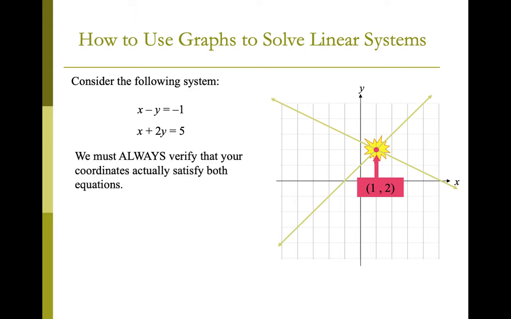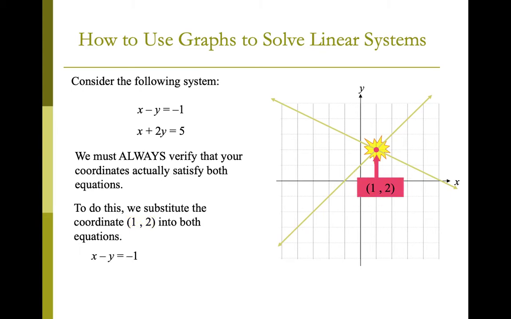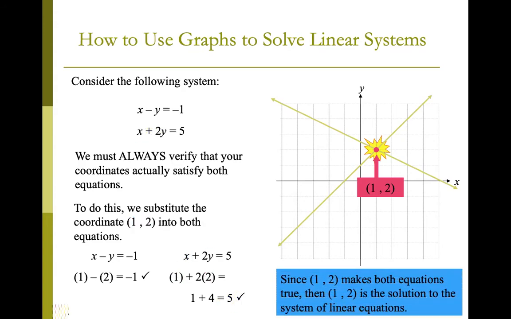So let's look at these two equations. They've written them out in standard form: x minus y equals -1 and x plus 2y equals 5. We always need to verify that both coordinates actually satisfy the conditions. To do this, they picked the point 1, 2 and plugged it into both formulas.